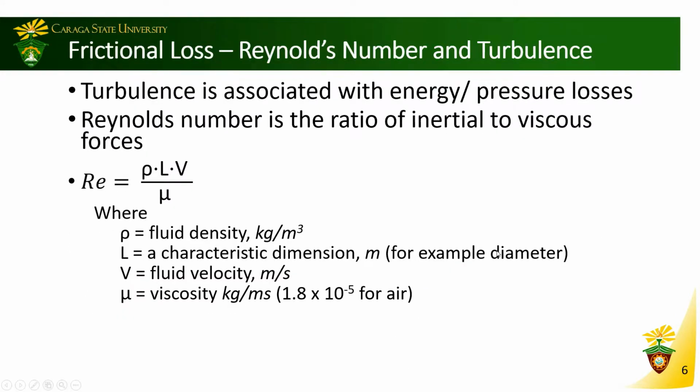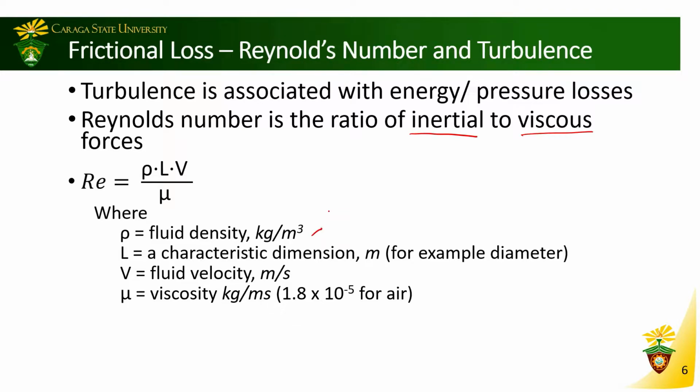So we could see that turbulence is associated with energy or pressure losses. And a number that defines the ratio of inertial to viscous forces is termed as the Reynolds number. In equation form, it is expressed as the Reynolds number is equal to rho times L times V over mu, where rho is the fluid density expressed in kilograms per cubic meter.